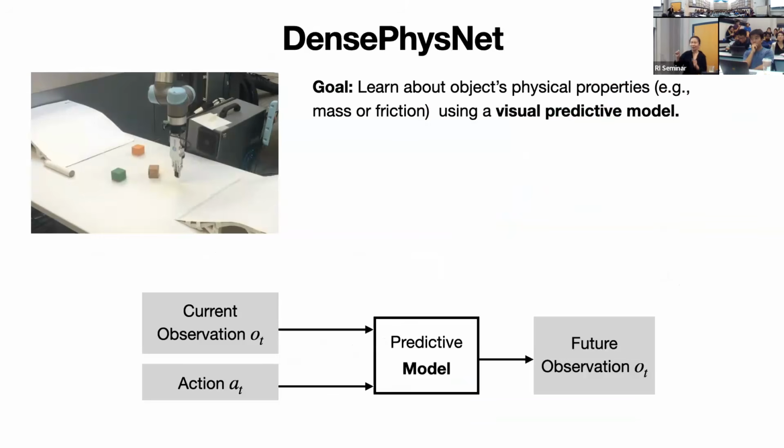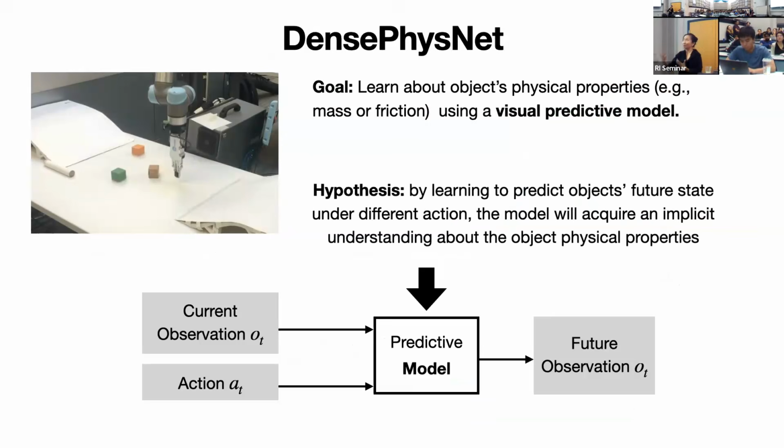Today I'm going to talk a little more about the first example, a project called DensePhysNet. The goal of this project is to learn about objects' physical properties, like their mass and friction, by training a visual prediction model. We have a very simple hypothesis: if we train a model to predict objects' future states under different interactions or actions, the model should acquire an implicit understanding of objects' physical properties.